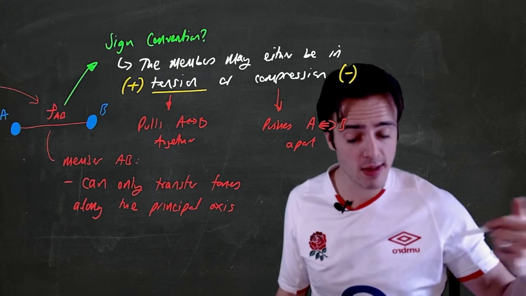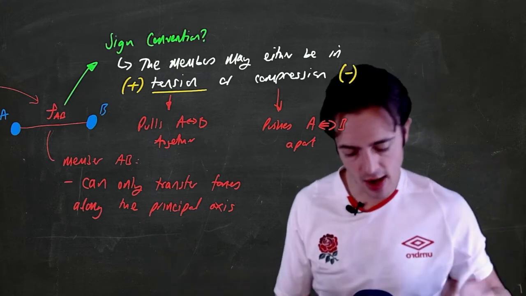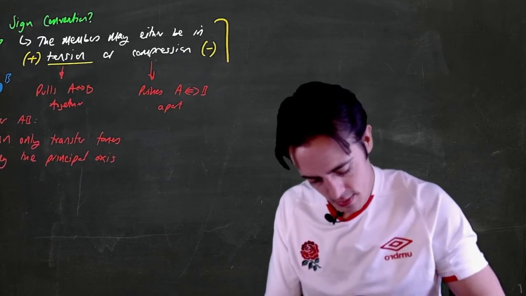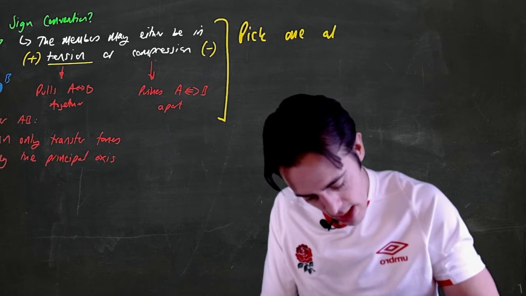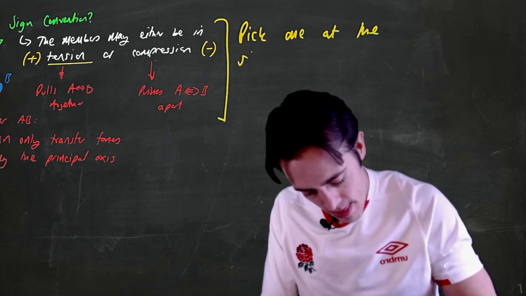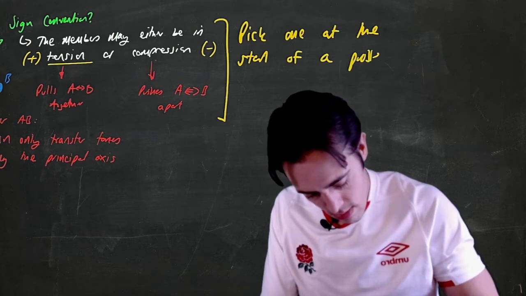As long as you're consistent within a single problem and you've said what it is, then that's fine. So pick one at the start of a problem. And stick to it.